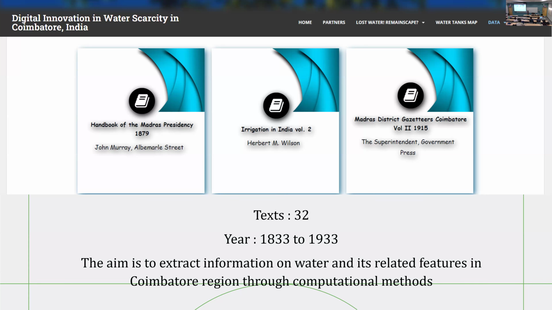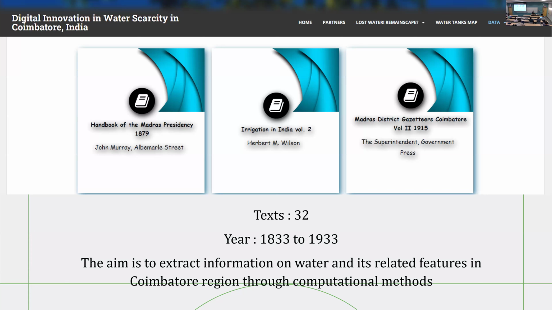I used various digital humanities methods to study these water bodies issues and other environmental features for this region called Coimbatore. Although the project is completed already and the fund got over, I'm still working on it, because it's my second baby after my doctoral research.